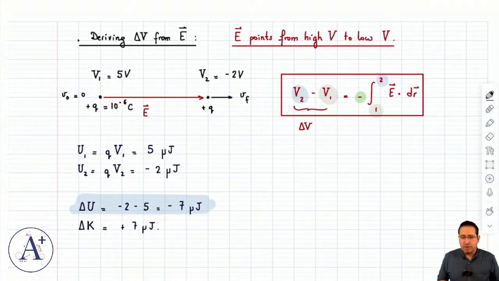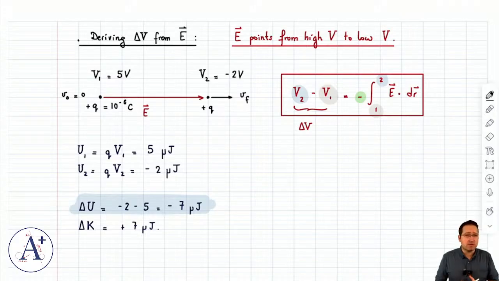Right? But this formula is going to allow me to find delta V if I know E. It turns out that's pretty interesting for me because I just spent 2 weeks plus getting really good at finding E. I know slice and dice. I know superposition if I have multiple point charges.